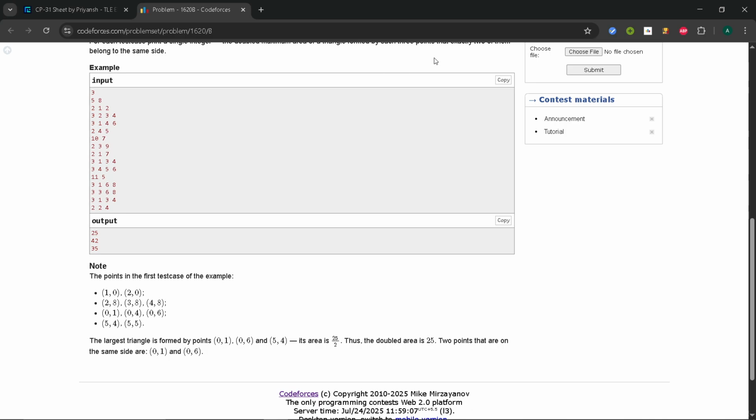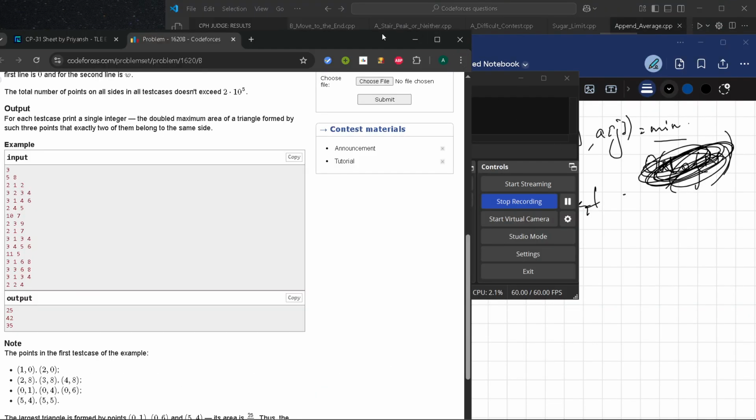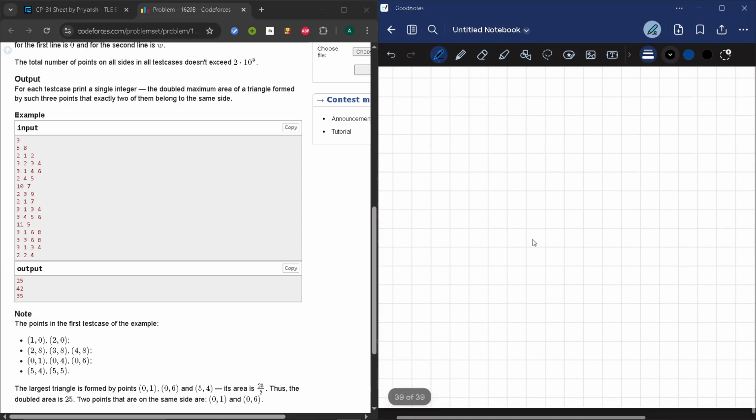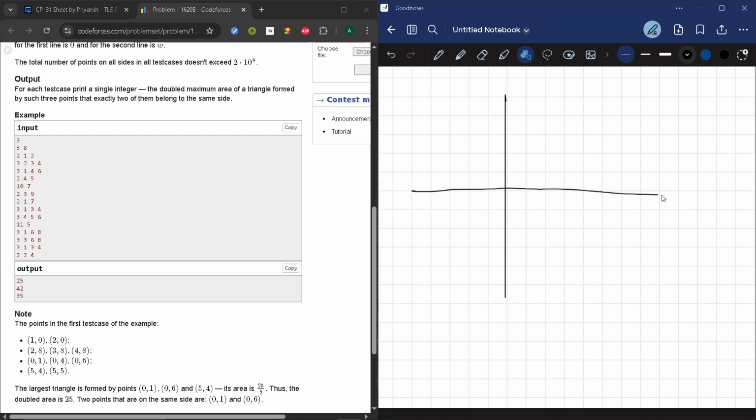How can we get the maximum area from the triangle? Let's move to illustrating the problem. Let's say we have one line here and another line here.